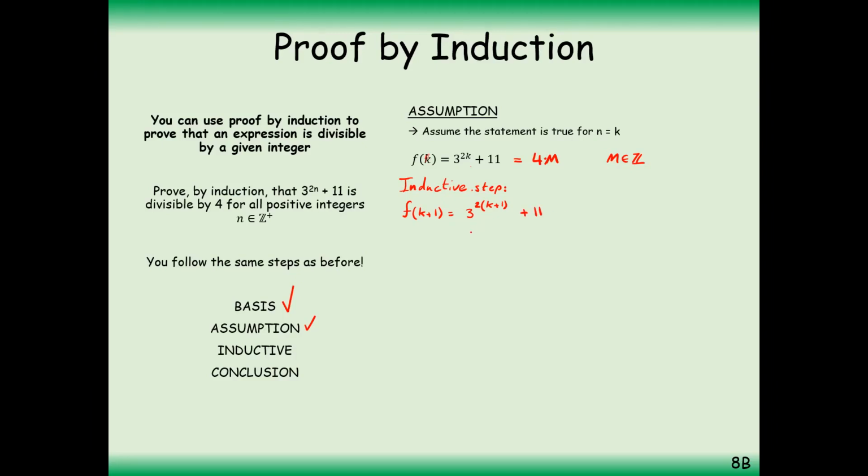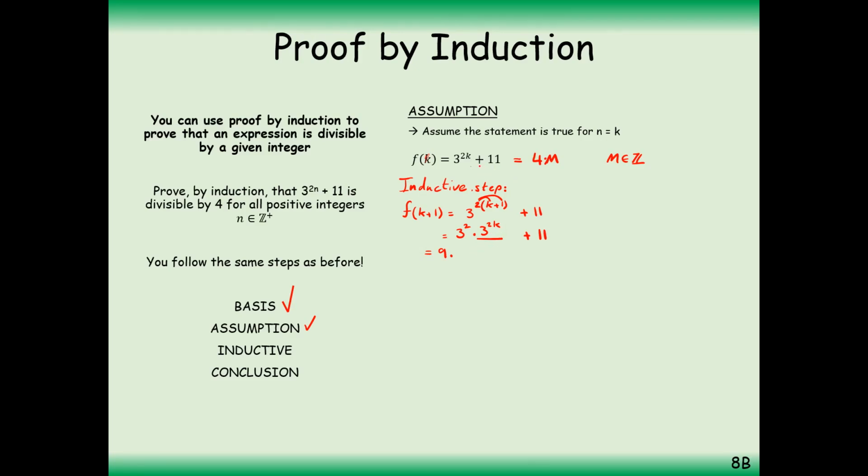Now, when we expand that bracket, we're going to have 3 squared, because this 2 is multiplied by 1, multiplied by 3 to the power of 2k. I'm just expanding the bracket there and writing the rest of the formula. We clearly know that 3 squared is 9. Now, at this stage, what we have is an extra 9 in front of 3 to the power of 2k.